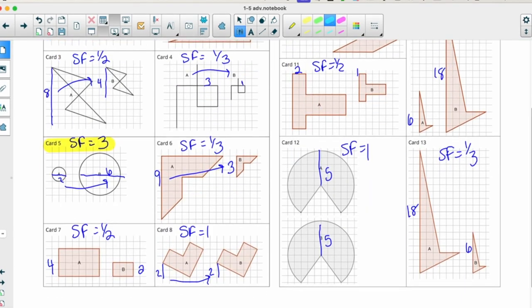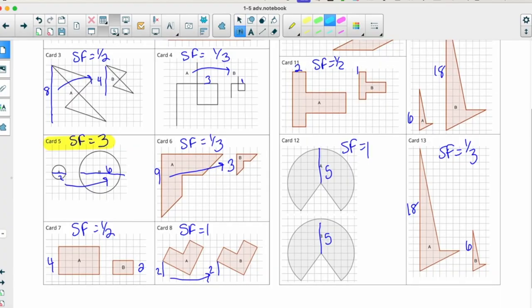There were 2 cards where the A and the B shape were identical sizes, and we notice the scale factor is 1.